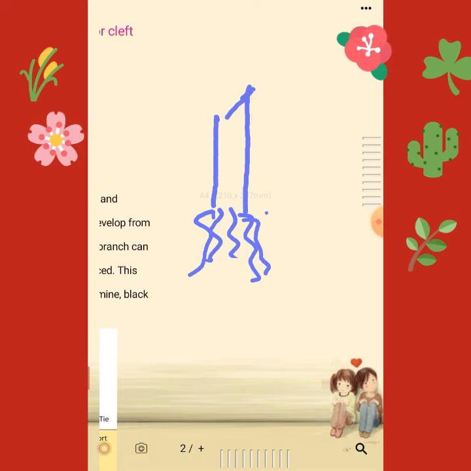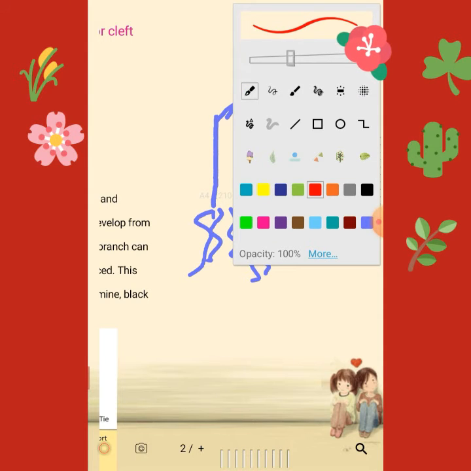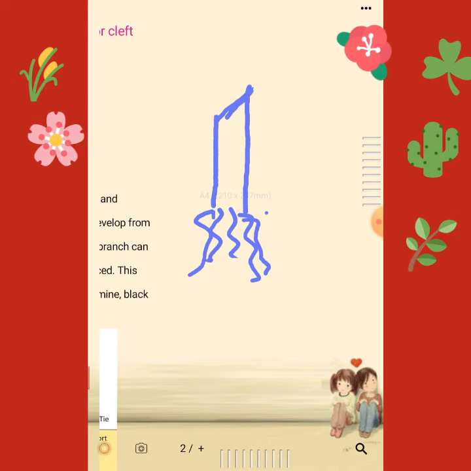In the same way I can take another hibiscus plant with red color flowers. So this is with yellow color flowers, this is with red color flowers. The red flower stem part is not having roots, but it is having leaves.